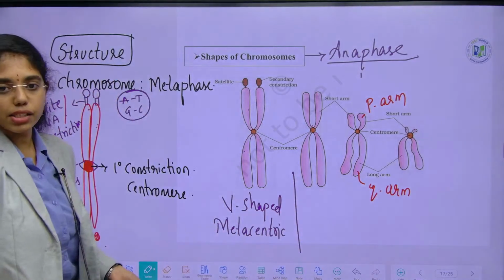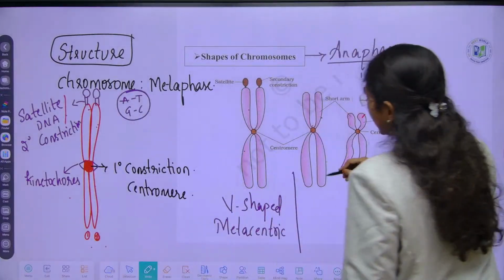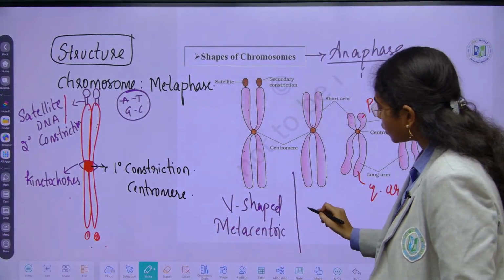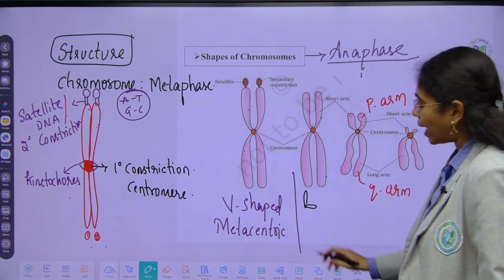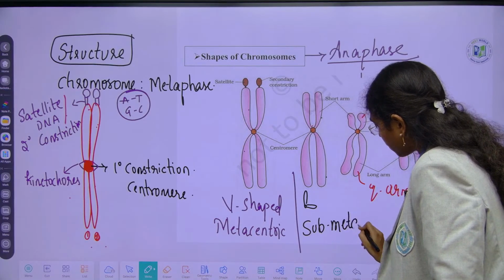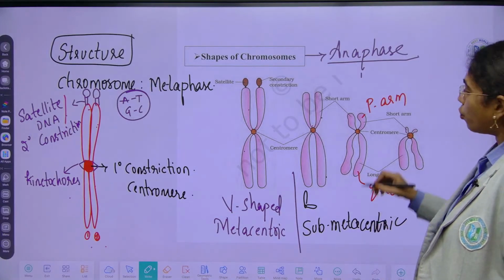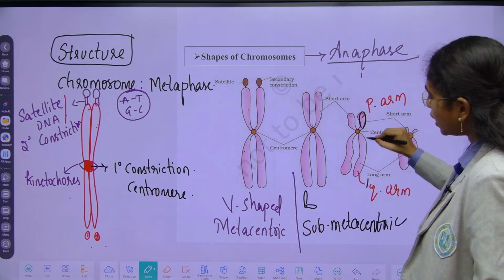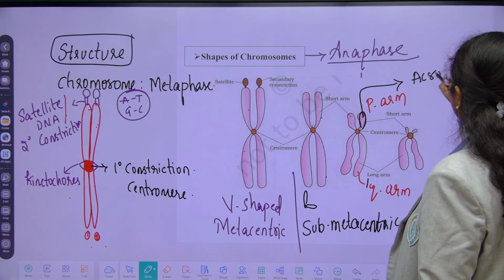V-shaped or metacentric. If one arm is short and other arm is long, this is known as what? L-shaped chromosomes, and this is known as submetacentric. One very short arm and one very long arm is known as what? Acrocentric chromosome.